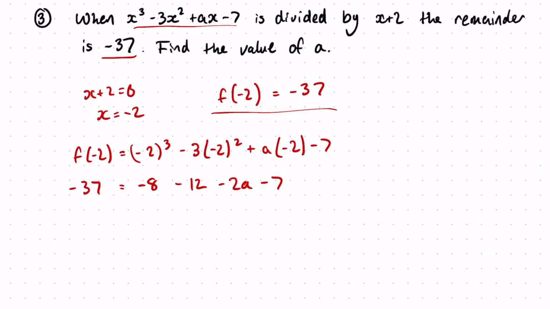F of minus 2 is minus 37, so I've just replaced f of minus 2 with minus 37. So let's get a's to one side and everything to the other. So that's going to give me minus 2a is equal to minus 10, which is going to give me a is equal to 5. And that's it. I found the value of a.